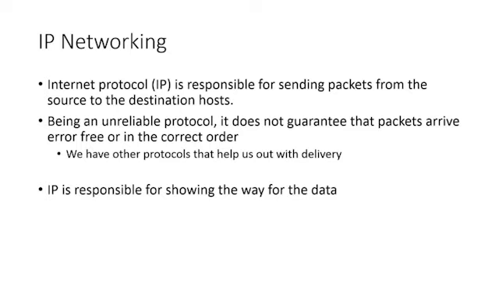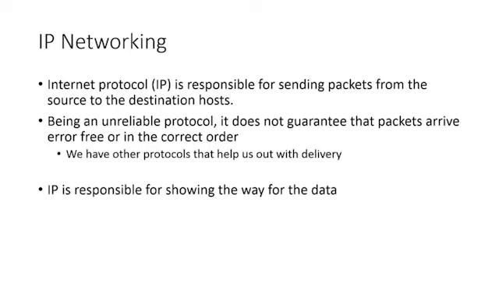So it doesn't guarantee that the packets arrive error-free, or if they arrive in the correct order even. That's not IP's job. We have other protocols that are responsible for that. We'll get to those guys here in a second. Again, IP is just responsible for showing you the way. It's the roadmap of how to get there.